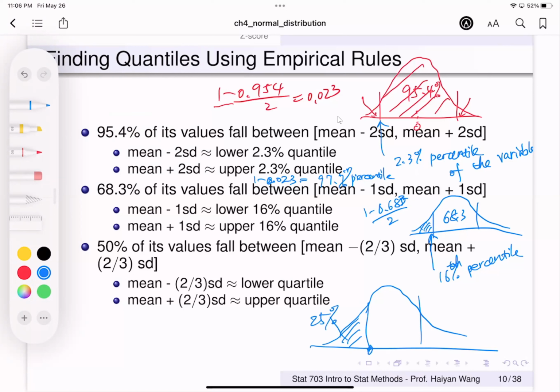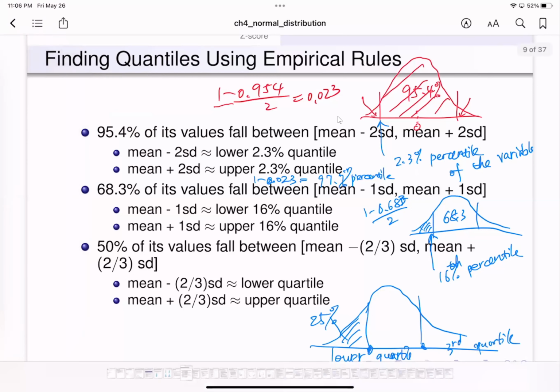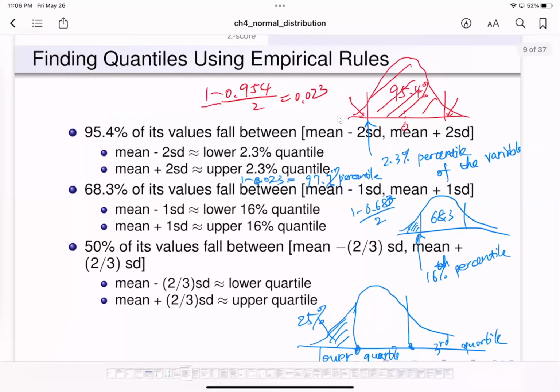And this one would be the first quartile, the lower quartile, or 25th percentile. And on the other side, this mean plus 2/3 standard deviation is the third quartile, or call it the upper quartile. This is just using the empirical rule to tell what those percentiles are.